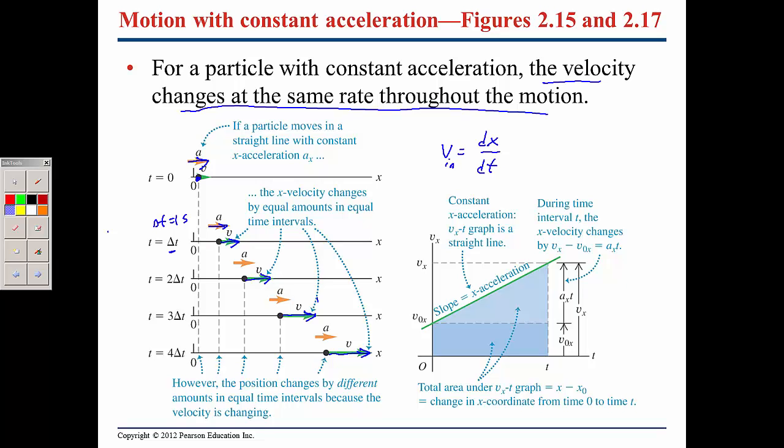Now we also know that the velocity is the derivative of the position with respect to time. Now I'm talking about the instantaneous velocity. And if we look at a velocity versus time graph, we know that the slope of the velocity versus time graph is the acceleration.